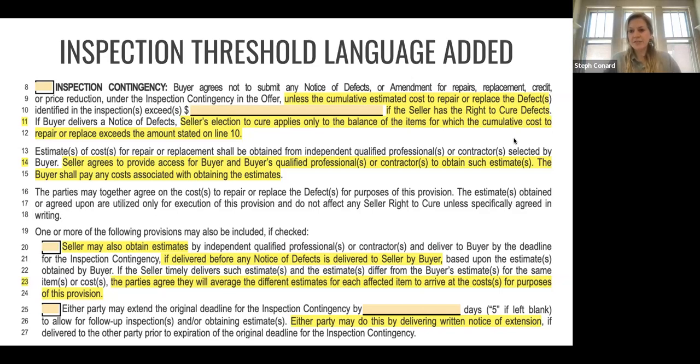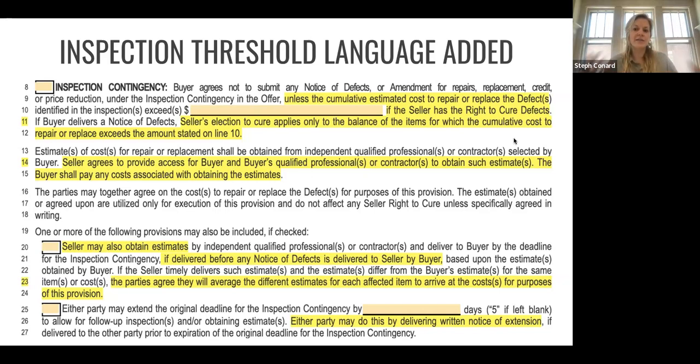Now, if the seller doesn't agree to that and a buyer is being forced to send a notice of defects, in that notice of defects, they can't spell out how the work needs to be done. All they can say is, we have a roof defect, and then leave it at that. And then the offer dictates to the seller how they're going to cure it if they elect to cure it.